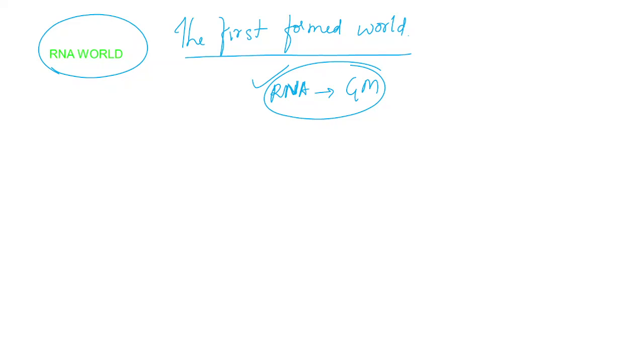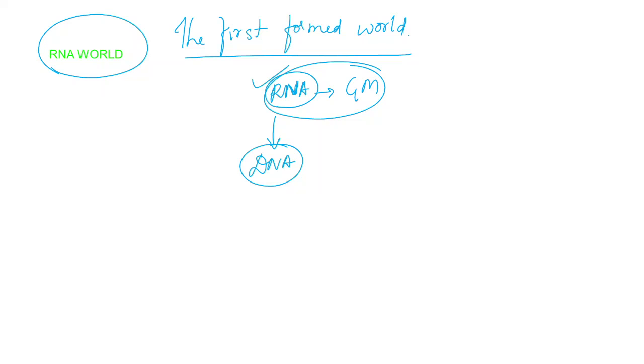Why did they have RNA as their genetic material? Because they were primitive in nature. In the earlier world, most of the organisms were having RNA as their genetic material. But later on, what has happened? The organisms started to evolve, and they developed DNA as their genetic material. How has DNA developed from RNA? Very simple.